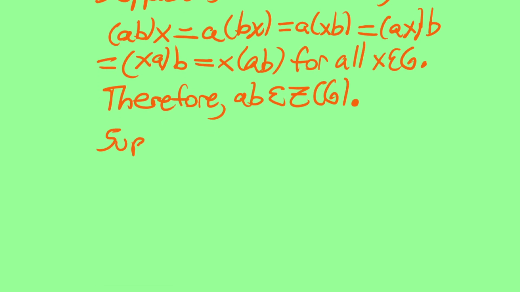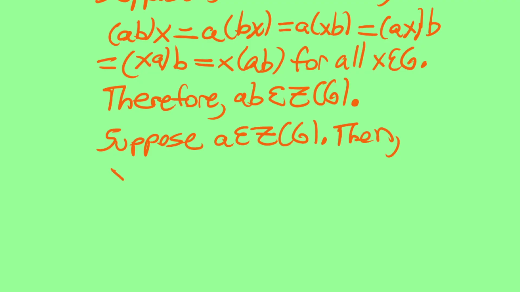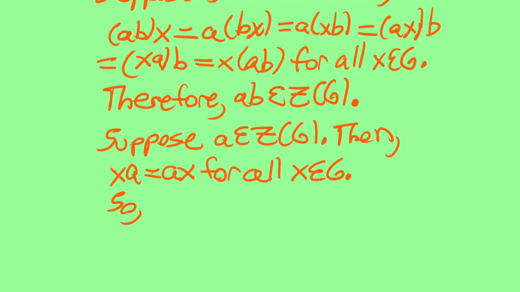Now let's suppose A is an element of the center of the group. So then we have XA equals AX for all X that are elements of the group. So A inverse XA A inverse equals A inverse AX A inverse. I had this mixed up.